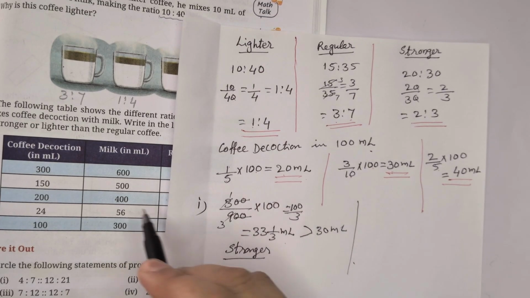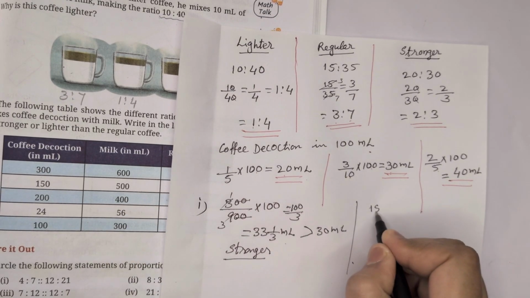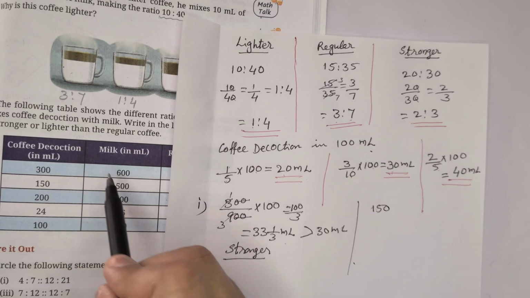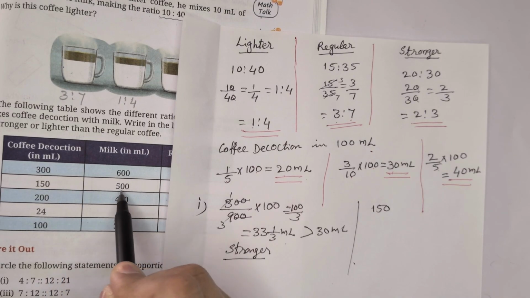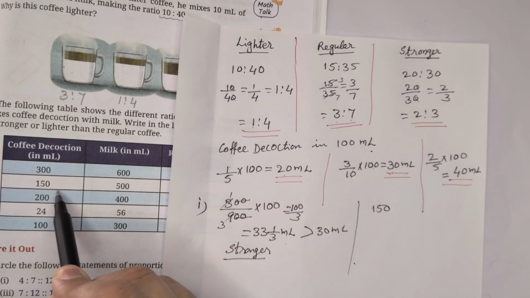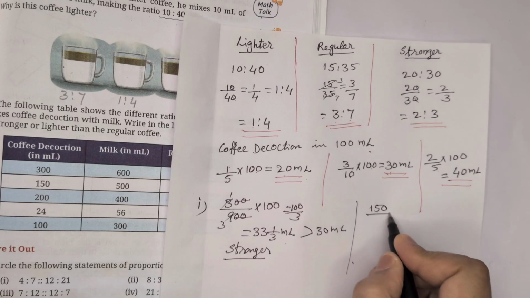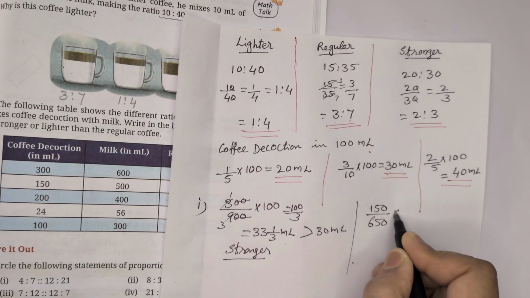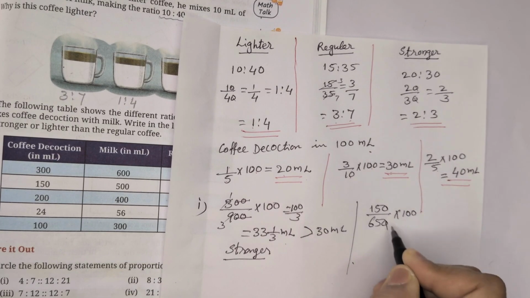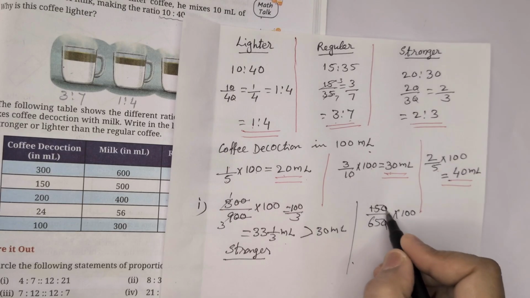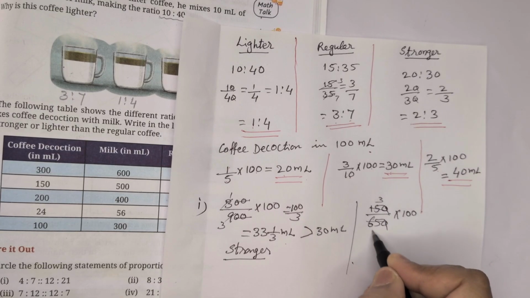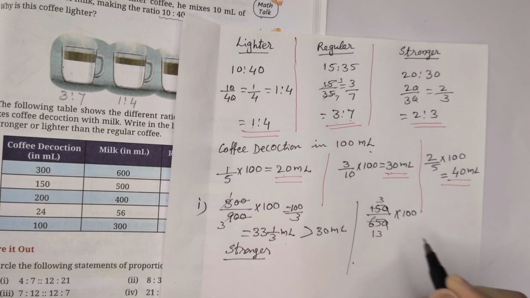The same way, second one. 150 ml of coffee decoction. In total it is coming 500 plus 150. It will come 650. That into 100. When we are dividing by 5, here 3 times, here 1, 3.